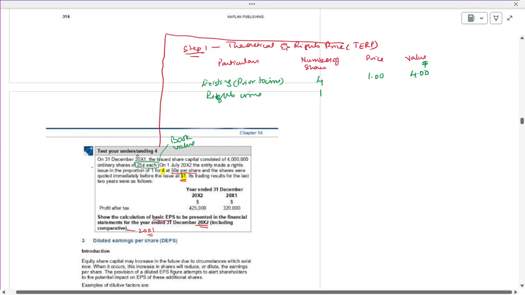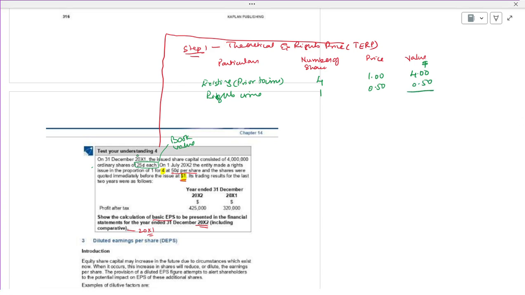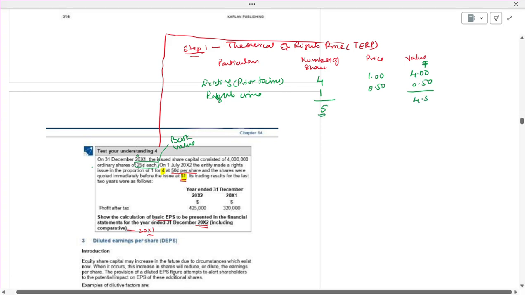Now, how much have they issued? They have issued it at 0.5. Total number of shares is 5, and total value is 4.5.